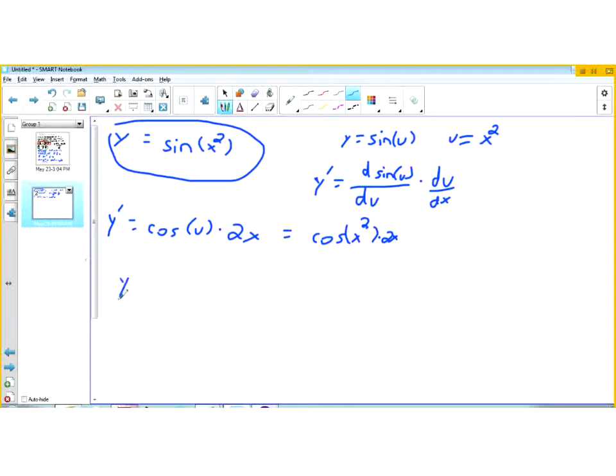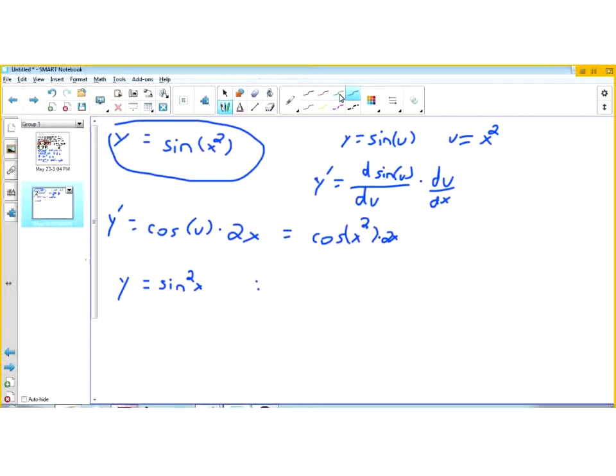So how about we take a variant of this problem? How about y is equal to sine squared x? One of the things we can do is use what's called the power rule of differentiation for functions.